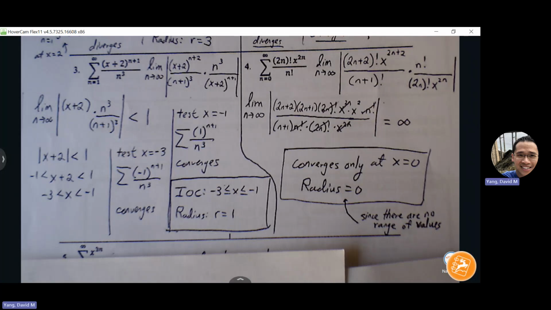Notice for number 4, the n's up in the numerator are not balanced out with the denominator. There are more n's up top than below, so as n goes to infinity, this entire expression is going to go out to infinity. So we know that this will diverge everywhere except at the center.